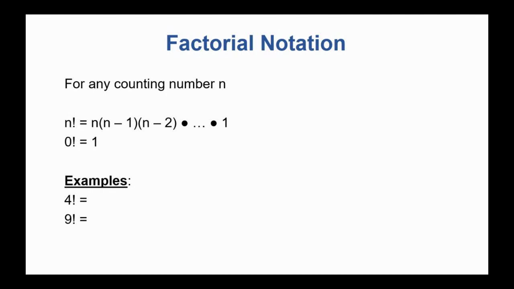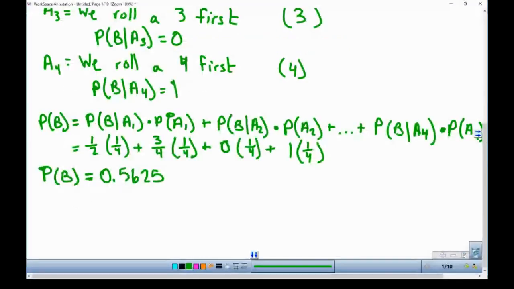Okay, so a special note here is that 0 factorial is equal to 1. So let's look at some examples. Hopefully this is self-explanatory. Nonetheless, let's see some examples.